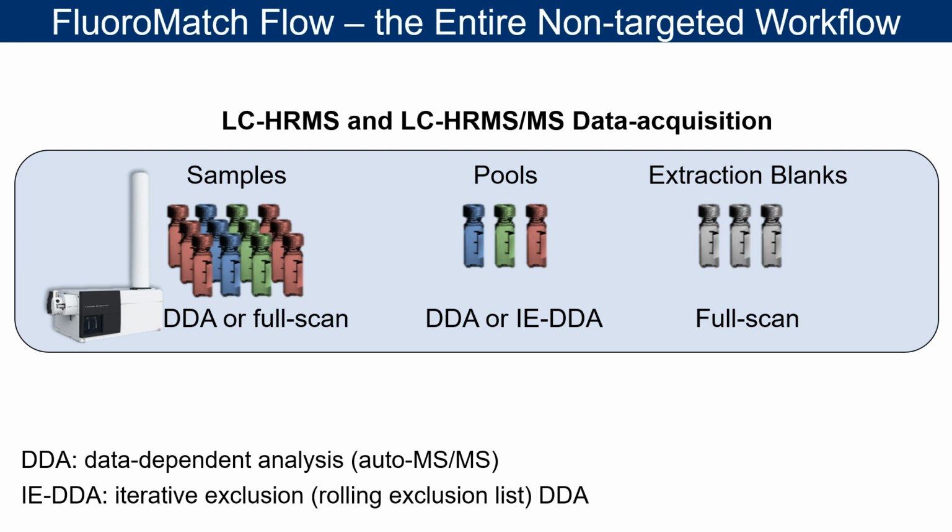Now, FluoroMatch supports multiple vendors: Thermo, Waters, Agilent, Bruker, and SCIEX. And for MSMS, it supports auto MSMS data, or data-dependent analysis, as well as any type of intelligent acquisition which has quadrupole selected fragmentation, such as iterative exclusion or rolling exclusion list analysis.